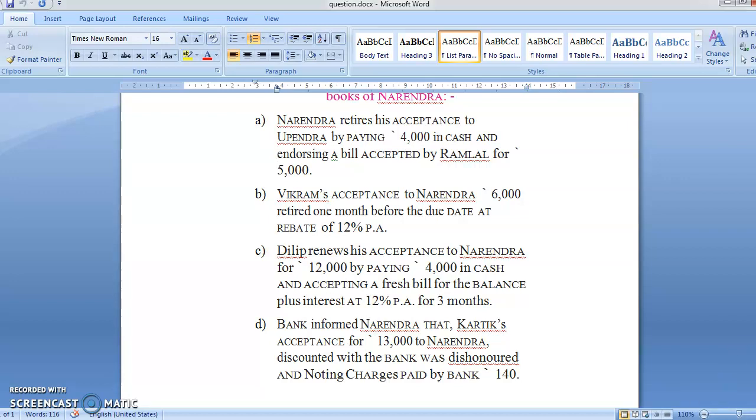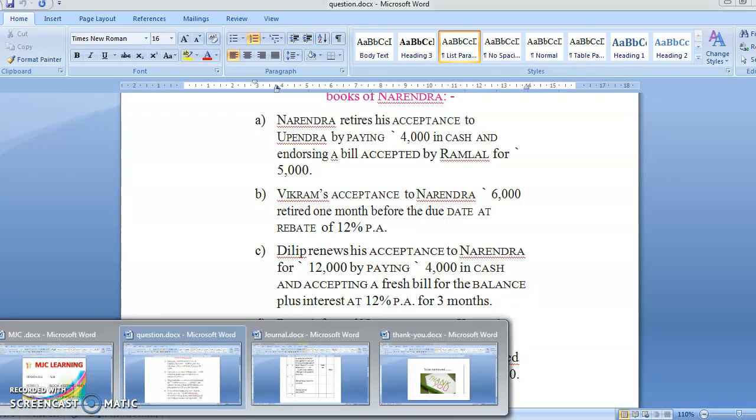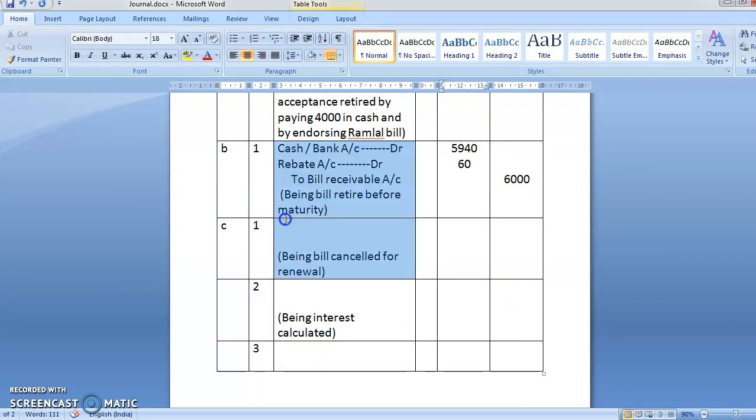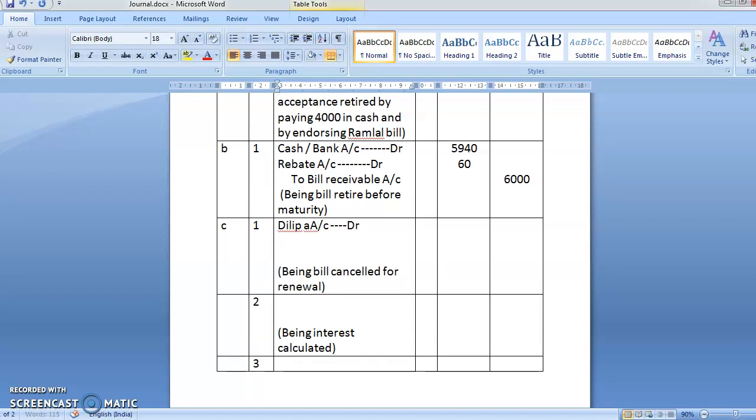Now see what they are saying? 4,000 is given in cash and accepting a fresh bill for balance plus interest. यानी कि interest is going in the new bill. Come on, without thinking, I've told you have to pass 4 journal entries. What are they? Dilip account debit.